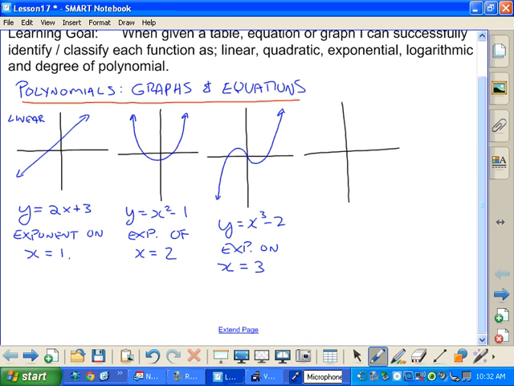And finally, the quartic, you get that W shape or an M shape. So y equals x to the 4th plus 3. The exponent on x equals 4.